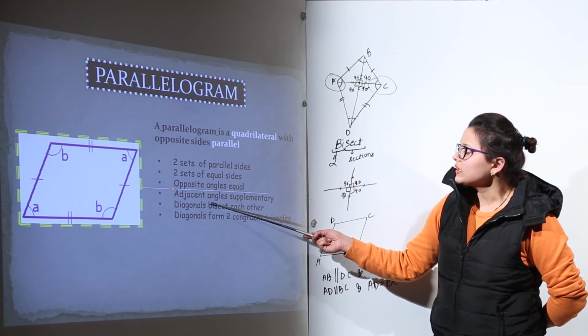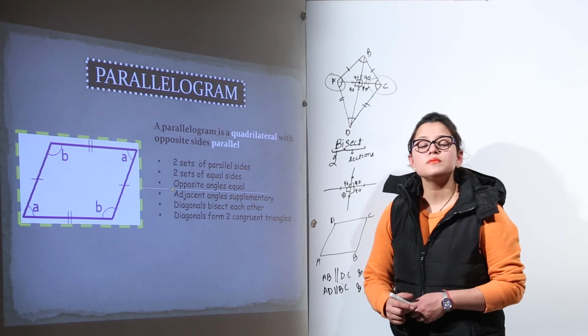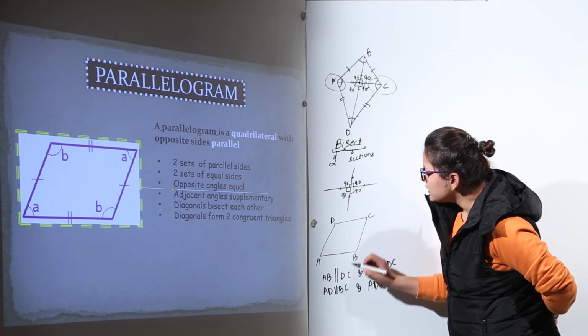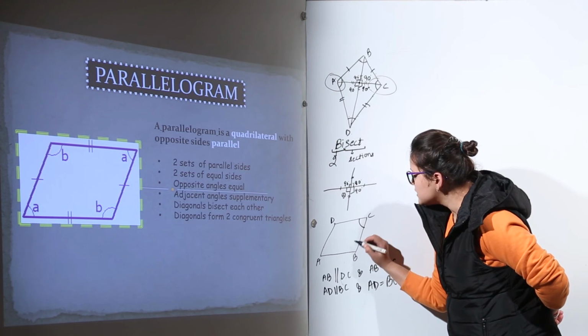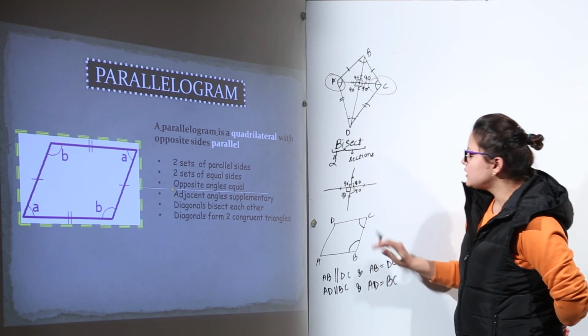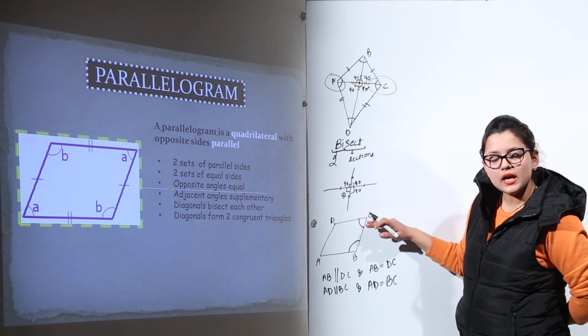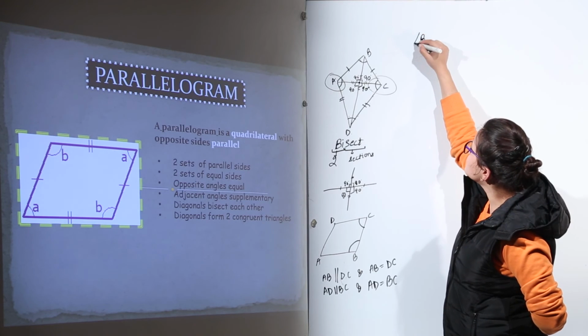Now, adjacent angles are supplementary. What do you mean by the term supplementary? Let us write any two adjacent angles. Let's say I am taking angle C and angle B. These are two adjacent angles, just as B is the neighbor of C and C is the neighbor of B. So B and C are adjacent angles.